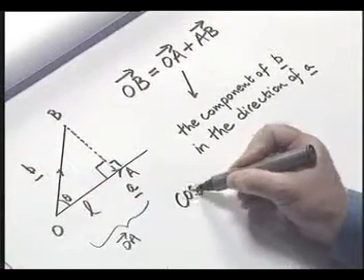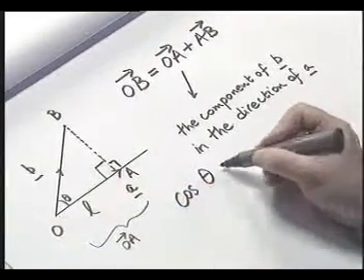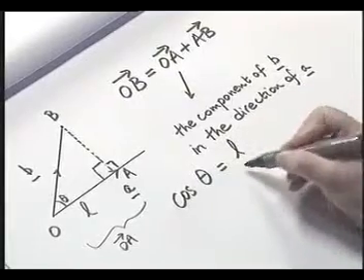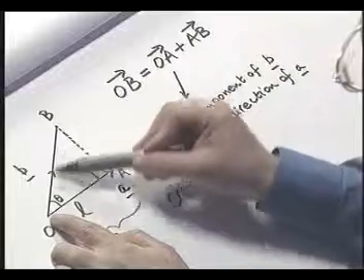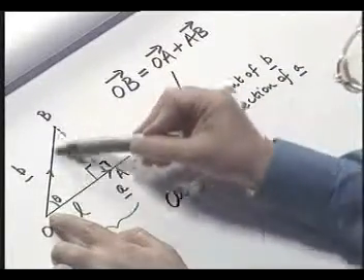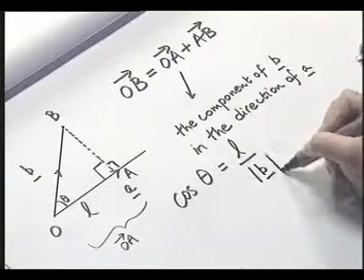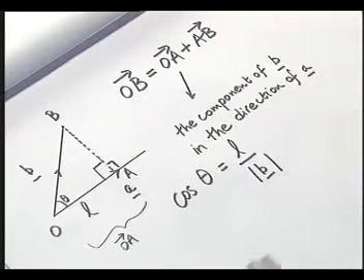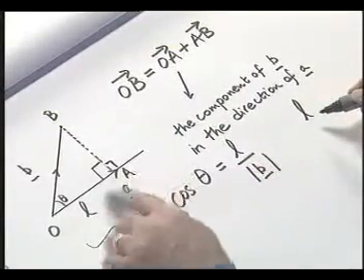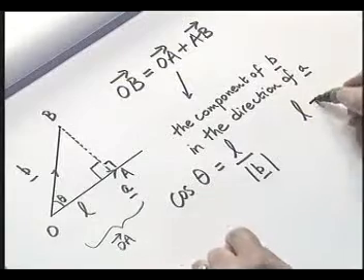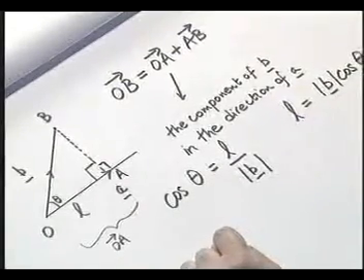So the cosine of theta is this length, l, the adjacent side, over the hypotenuse. Now the hypotenuse is the length of this side, which is the modulus of vector B. If we rearrange this, l, the component of B in the direction of A, we can write as the modulus of B times the cosine of theta.